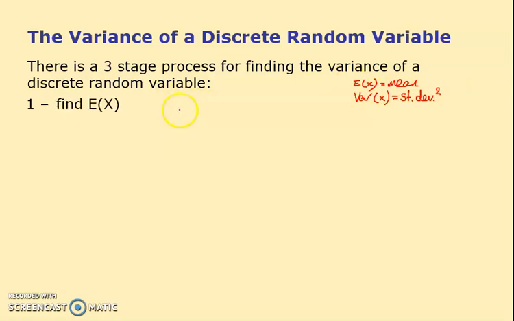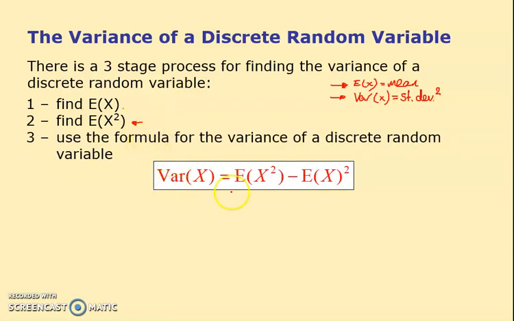So first job for finding the variance is we have to find the mean first. So find the mean. Second job, find E of x squared. Now that's actually easier than it looks, and I'll show you how to do it in a bit. Third job, use this formula, write this formula down. The Var of x is E of x squared minus E of x, all squared.